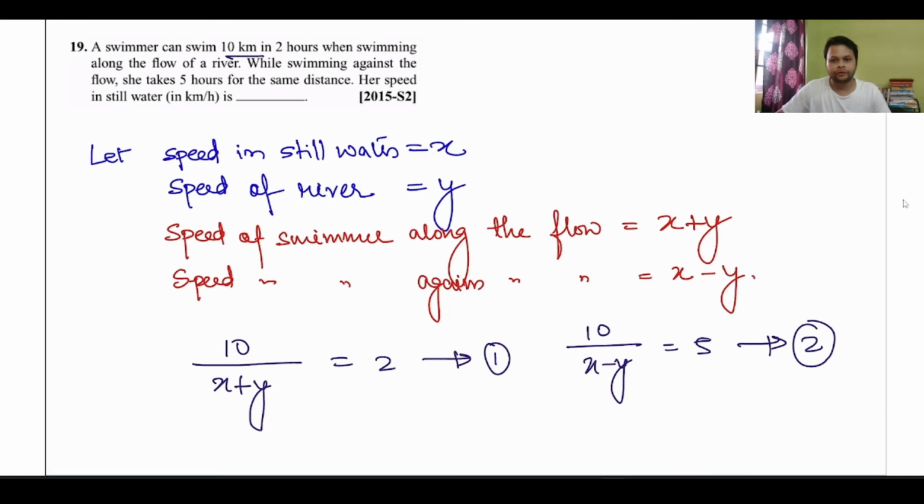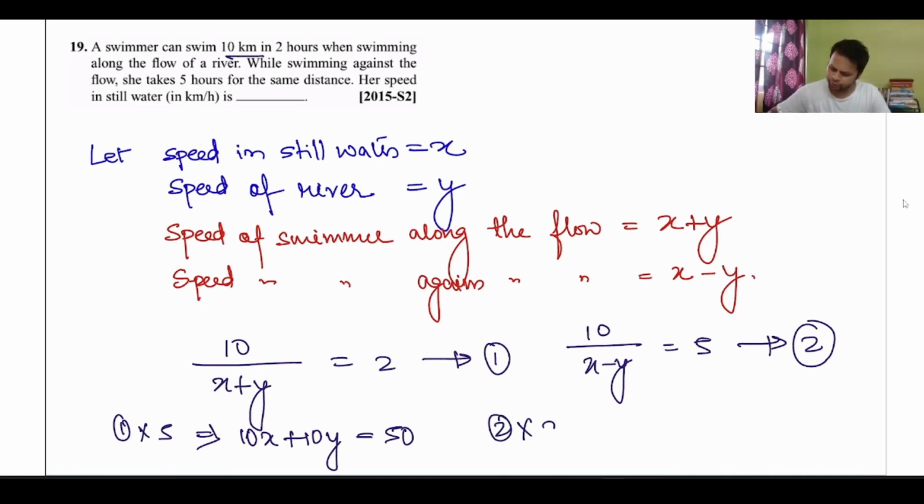So I'll multiply equation 1 with 5 and equation 2 with 2. I get 10x plus 10y is equal to 50, and 10x minus 10y is equal to 20. Let me say this is equation 3, this is equation 4.